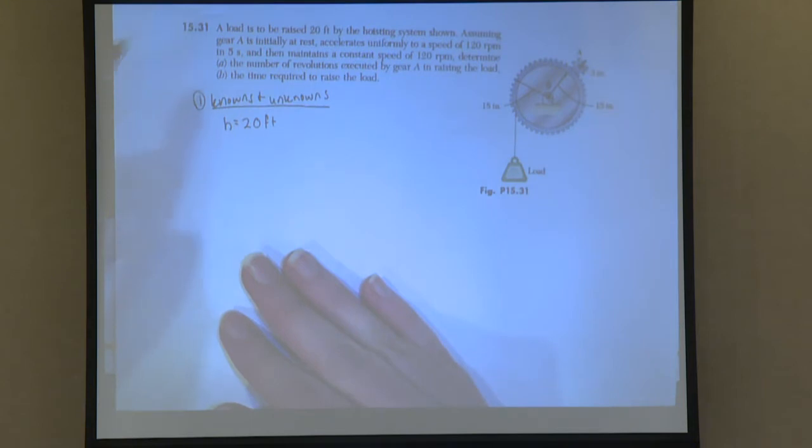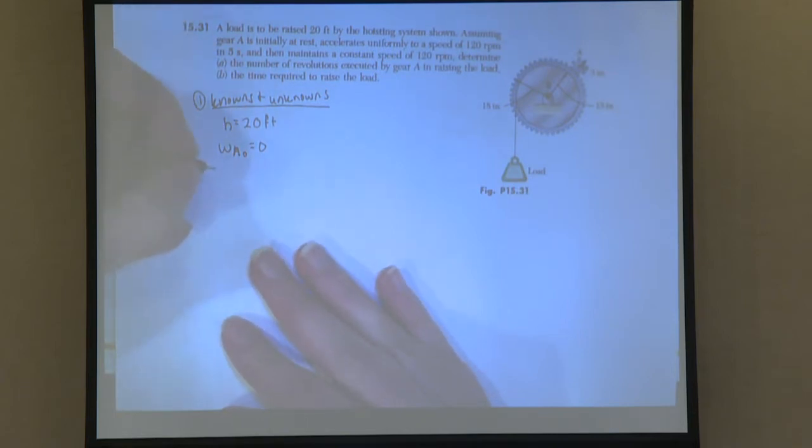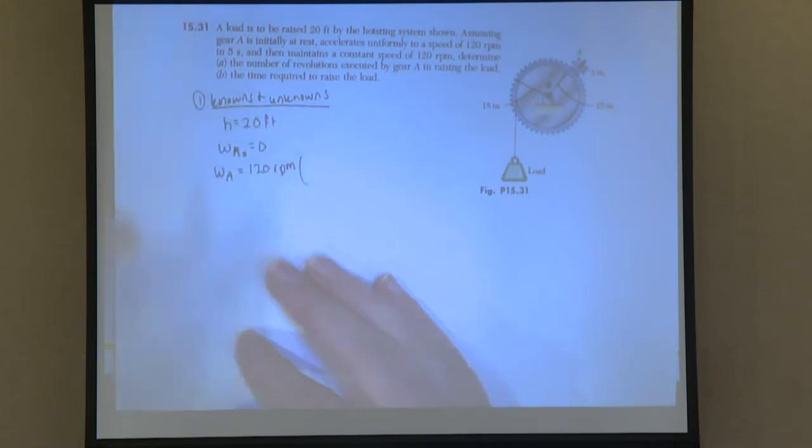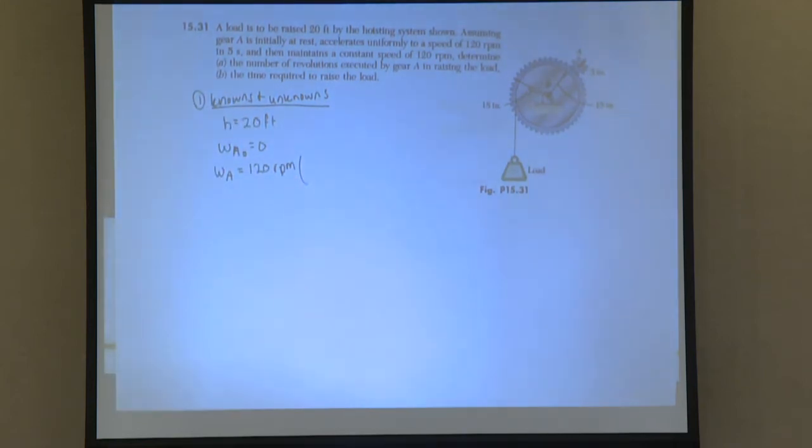We know that gear A initially is at rest. So I can say omega A naught is equal to 0. It accelerates uniformly to a speed of 120 RPM. So I know that omega A final, or omega A, is going to equal 120 RPM. And we already know that we're probably going to have to convert this, right? So how do I convert RPM?